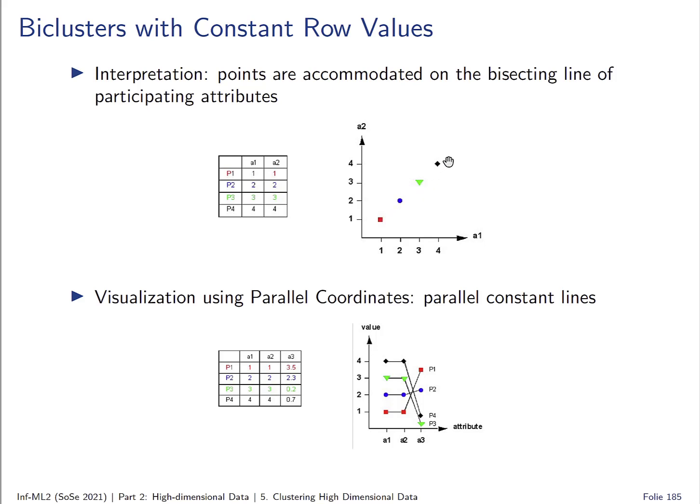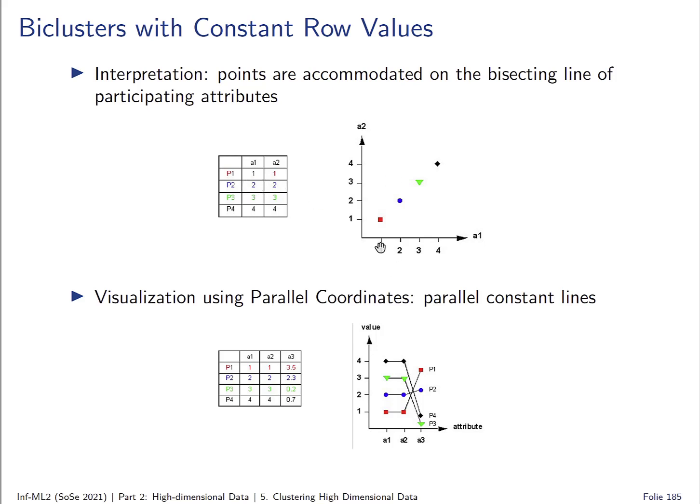If we also consider A3, those points may have an arbitrary spread along A3, but they are all again on this bisecting hyperplane, which has some arbitrary extent in the direction of A3. But if you project them on A1 and A2, the participating columns, then you see that they are all located on the bisecting plane. Why is that the case?